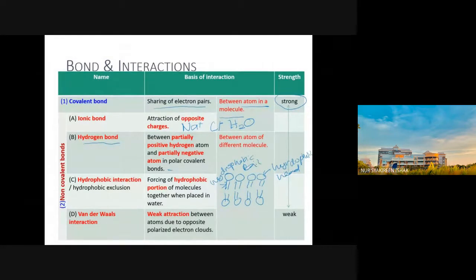So the hydrophobic tail is composed of fatty acids, which are hydrocarbons. The property of hydrocarbon is that it is non-polar. So when it is non-polar, it will not attract water molecule, and so therefore the region of the hydrophobic tail of one phospholipid molecule will attract the hydrophobic tail of another phospholipid molecule to form the hydrophobic interaction.